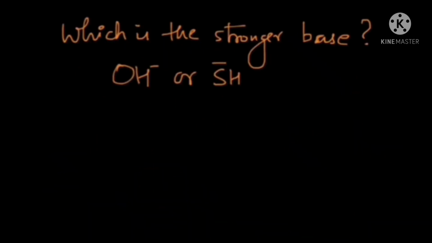Alright, so let's take a look at this question. Which is the stronger base, OH minus or SH minus? Now if you look at these two species, the negative charge is present on the O atom and the S atom, and these two belong to a group.